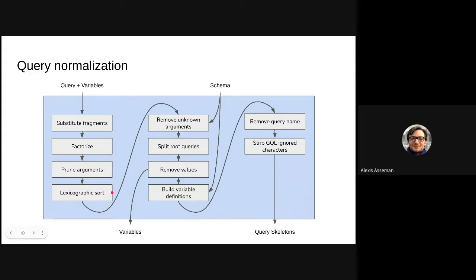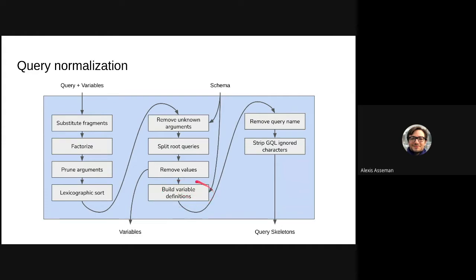Then we do a lexicographic sort of the various nodes in the GraphQL query. We remove the unknown arguments, because that's also something that's for now authorized on the graph node. And then we split the root queries, remove the values and put them separately as variables.